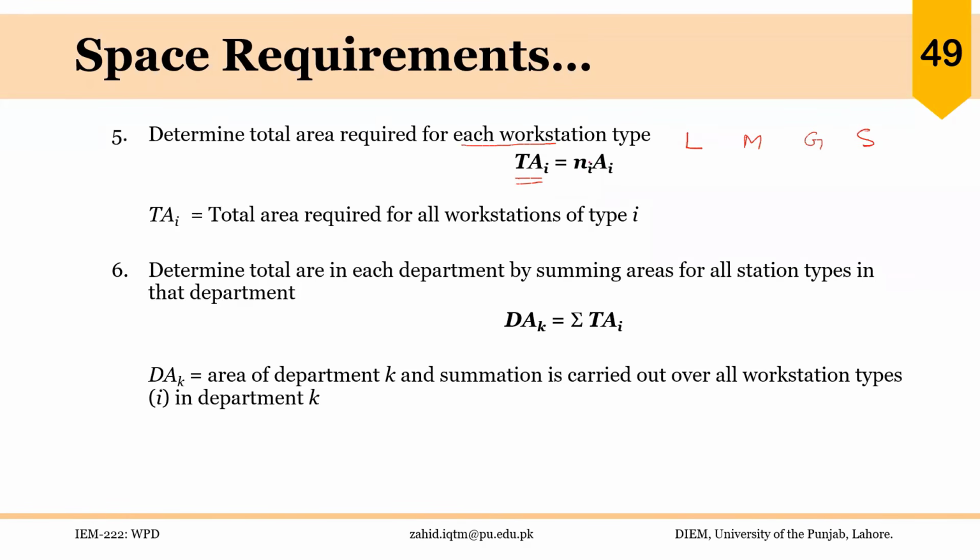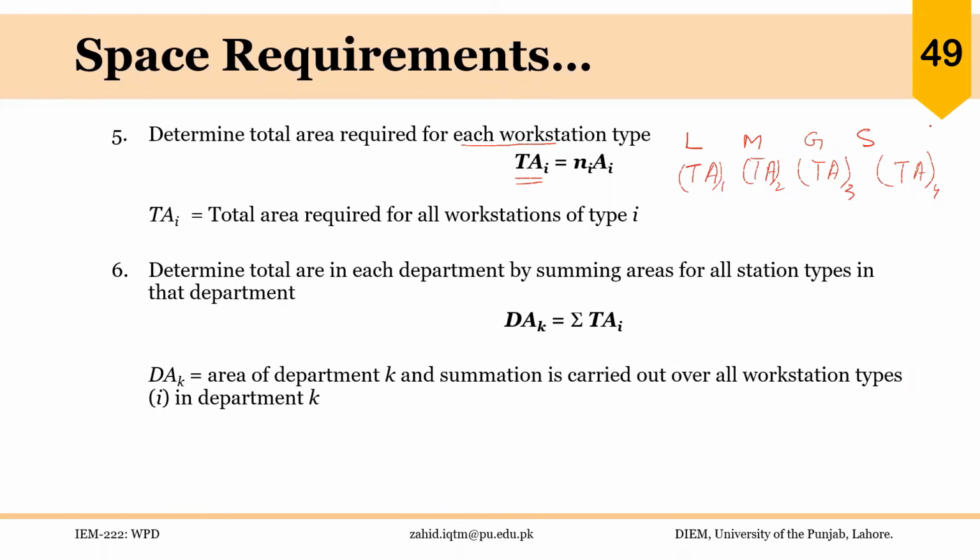So that will be equal to, for example, the number of lathe machines required multiplied by the area of one workstation, because a workstation included the area of the machine plus some additional area for the worker, for the raw material, and so on. So we will be able to calculate, say, four total areas in this case, one for each type of workstation. And I repeat that total area will be equal to number of workstations multiplied by area of workstation.